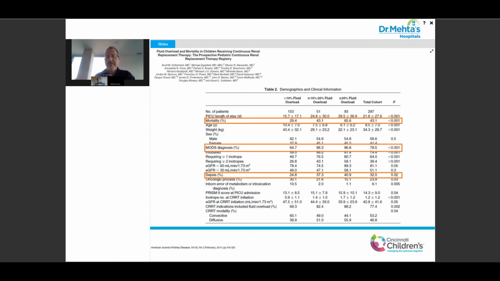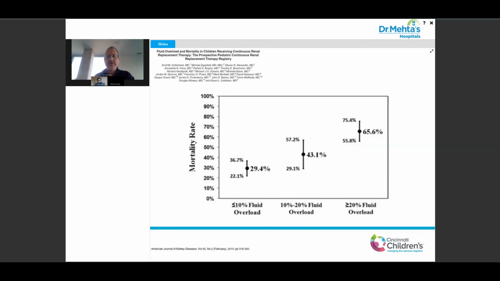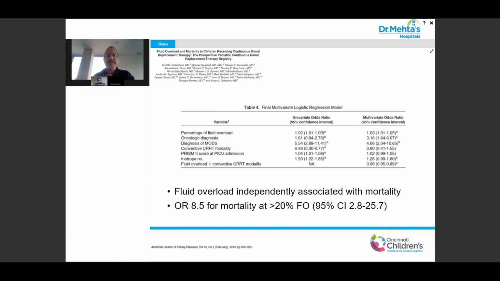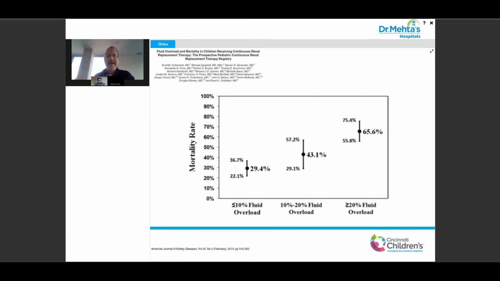That's the same association was seen in sepsis. More sepsis in the middle group than the lower group, but no difference between the middle group and the upper group. As was the risk of mortality score, no difference between the middle and upper group. So you could say by every measure, patients in the middle group who had higher mortality than the least fluid overloaded group had higher severity of illness.